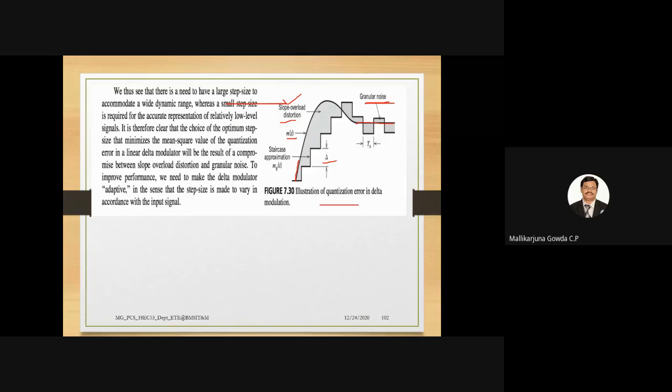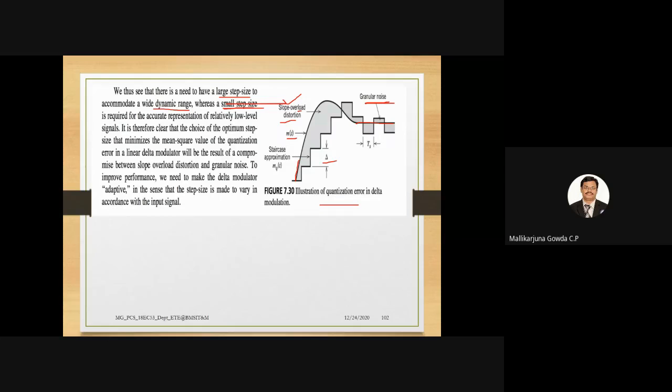So if I increase the step size to overcome the slope overload distortion, I will be facing this granular noise. If the step size is small, then I will be facing the slope overload distortion.